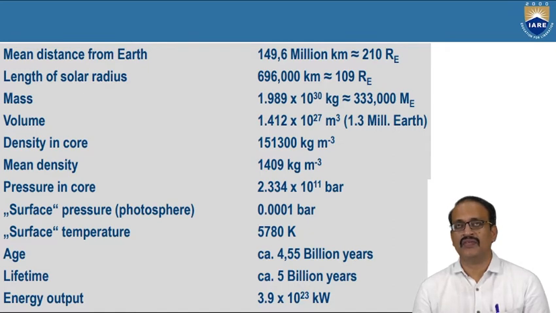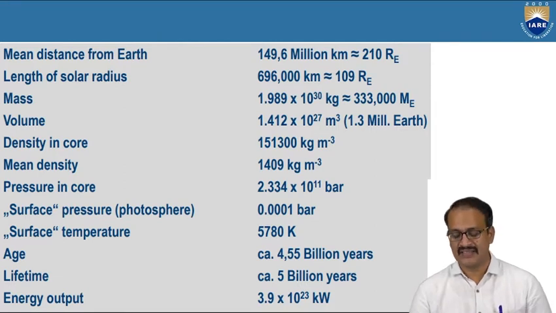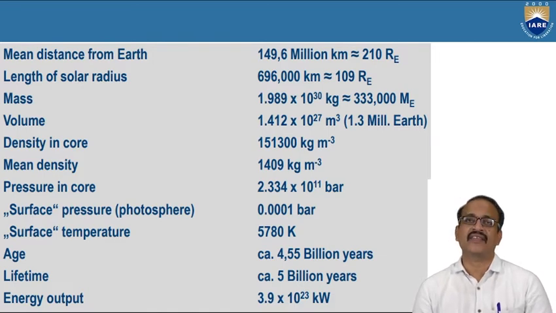And the length of the solar radius is 696,000 kilometers. It is the radius. What is the mass? It is 1.98 into 10 power 30 kg. And the volume is 1.412 into 10 power 27 meter cube.